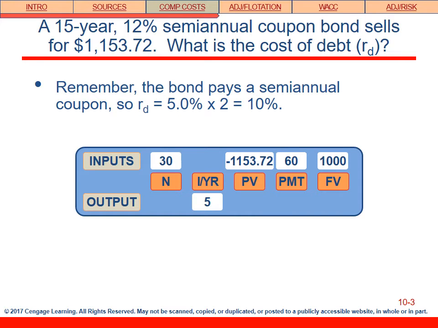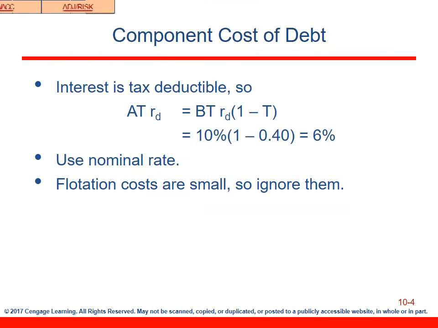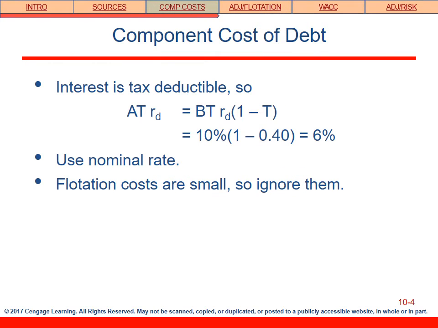For this particular bond, we use our calculator to find yield to maturity. If we plug in everything that we're supposed to, our display should show 5%. But since this is a semi-annual coupon bond, that 5% is just a semi-annual yield to maturity. We need to multiply it times 2. And the yield to maturity on this debt issue is 10%. So the before tax cost of debt of this issue is 10%.